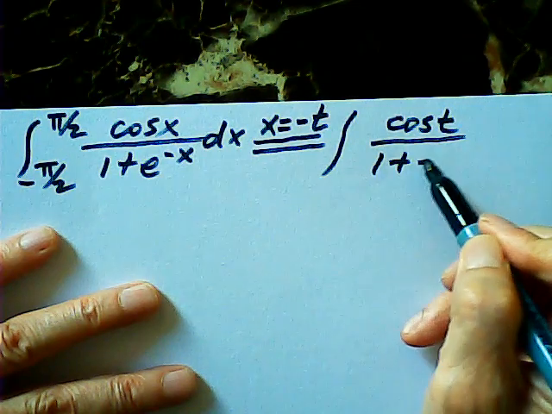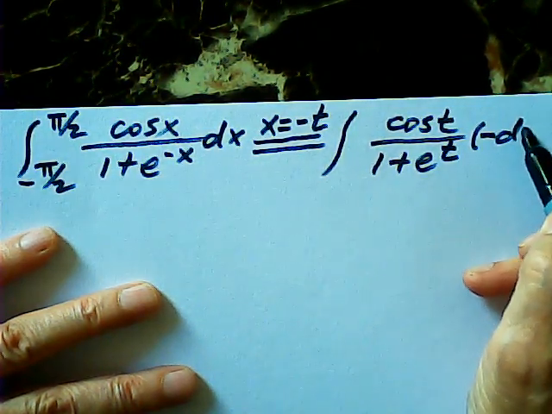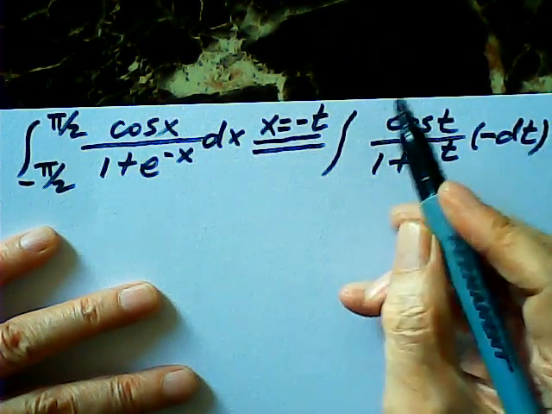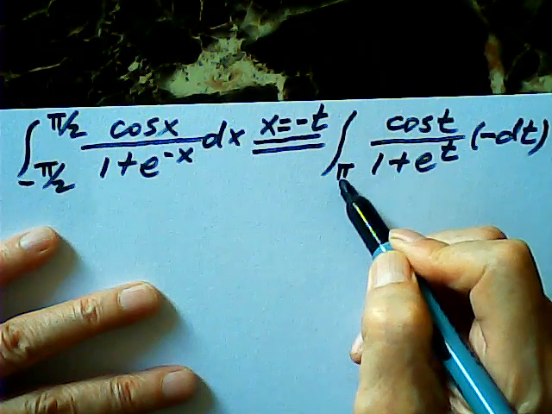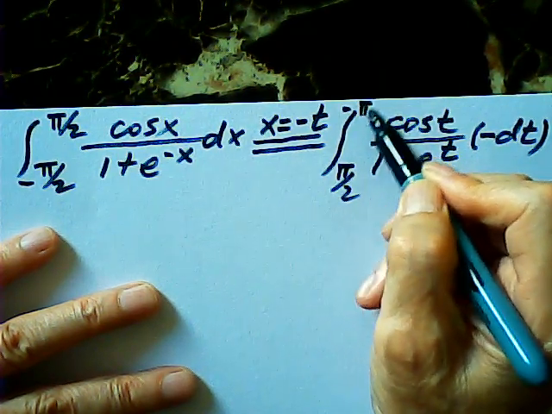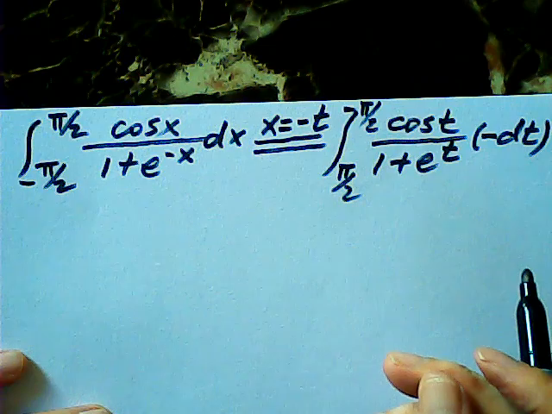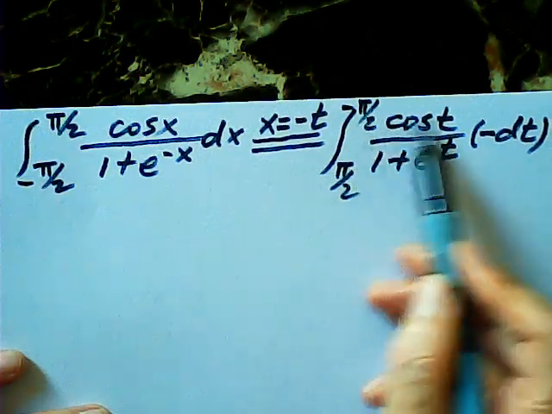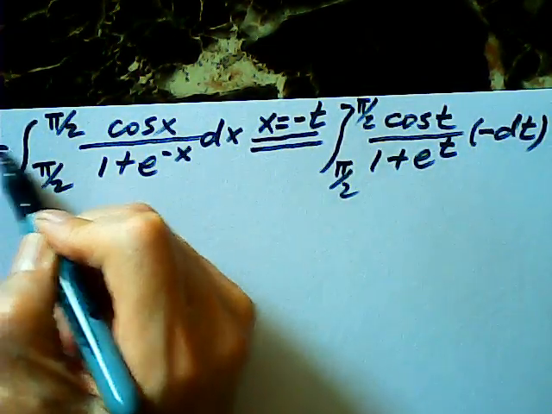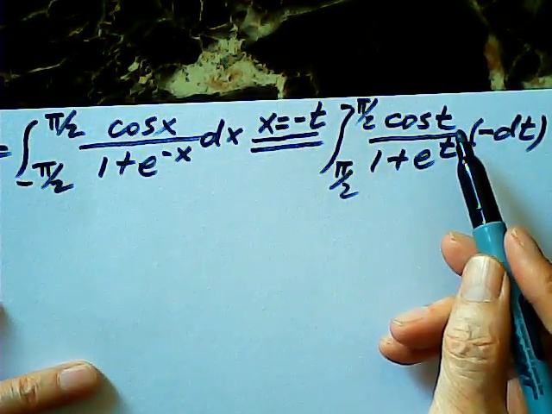This is 1 plus e to the t, right? Negative dt from positive to negative. Yeah. Then this is I, this is also I, right?